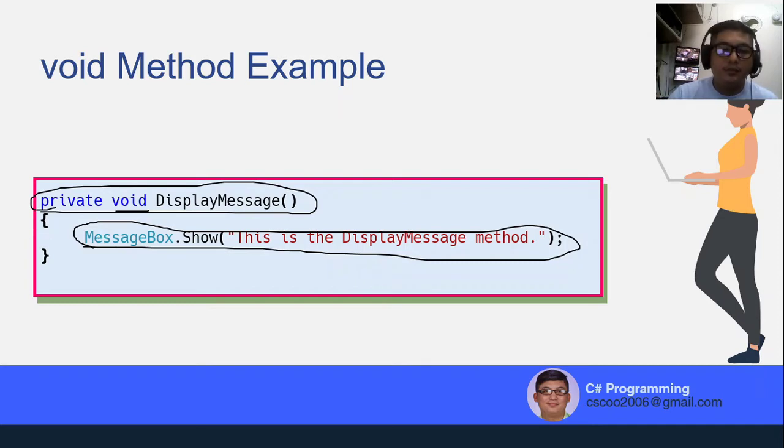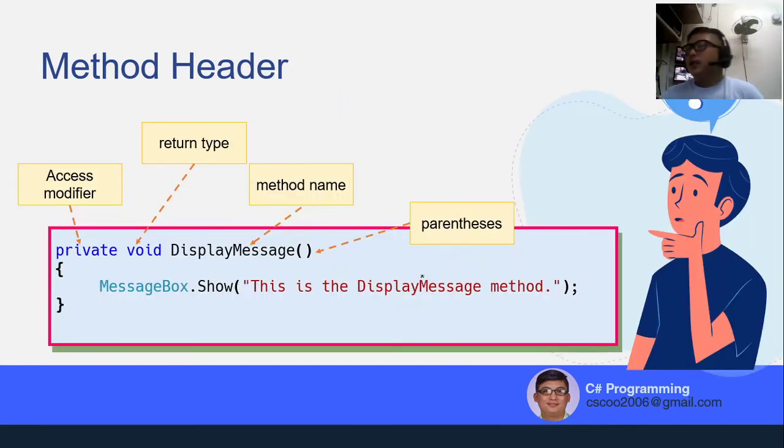So, let us examine the statement. Now, in the method header, we have four particular parts. A method header contains an access modifier.